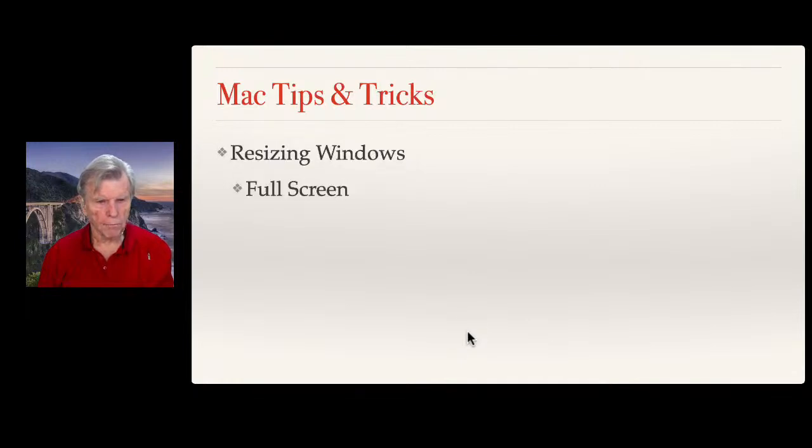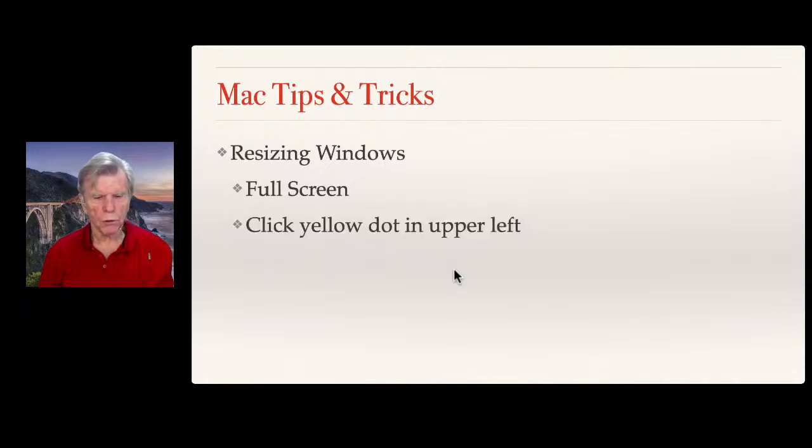So let's talk about full screen. Now I get calls sometimes when someone says, I lost my menu bar. Well, somehow they got into full screen mode. And sometimes the system does that, it seems. Or sometimes you click on something inadvertently.